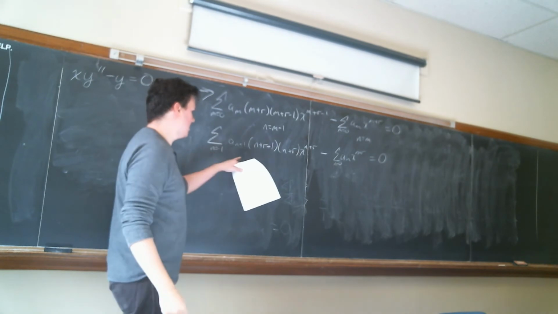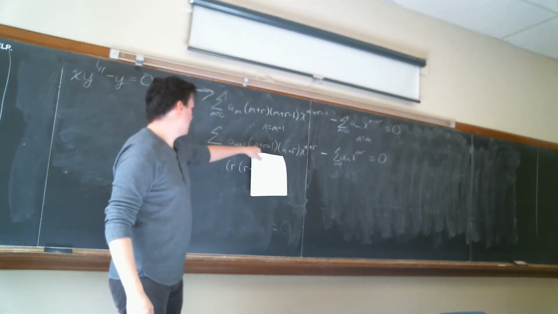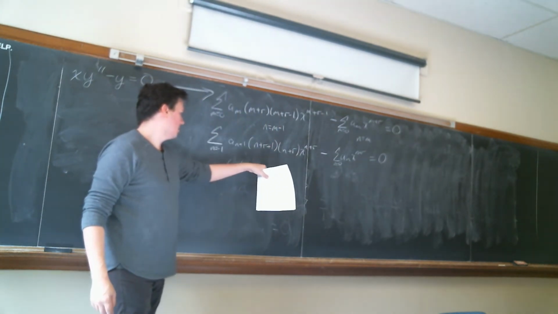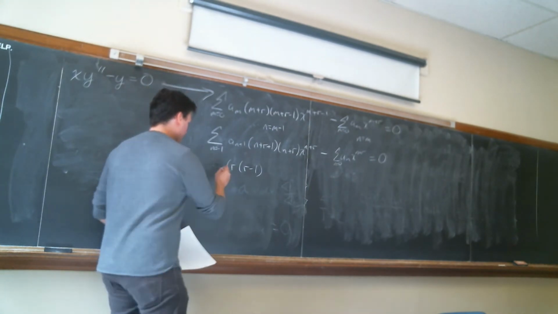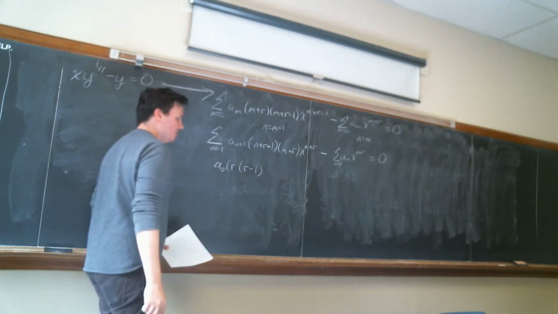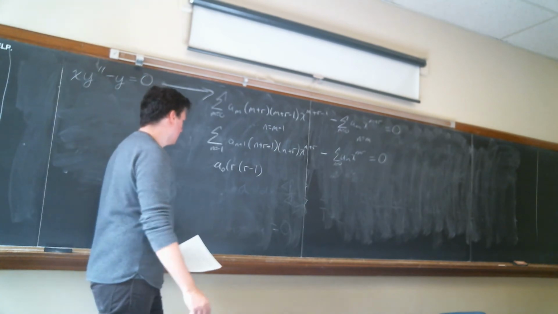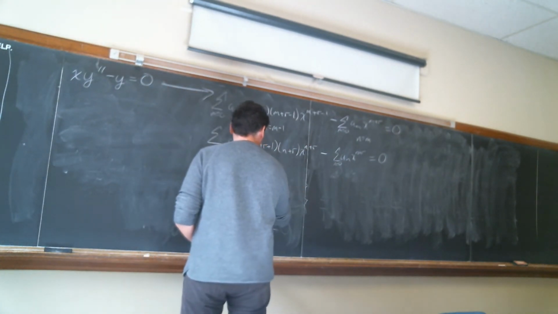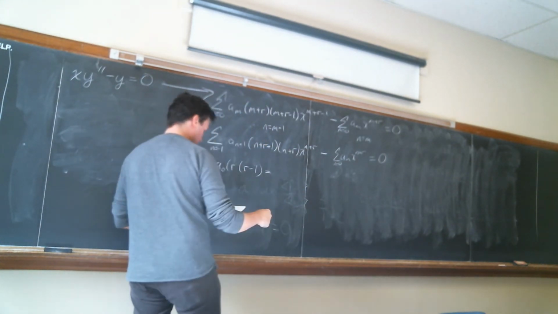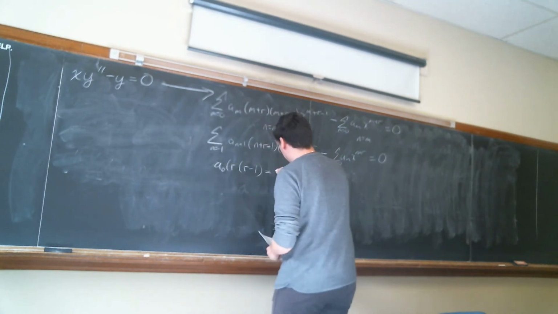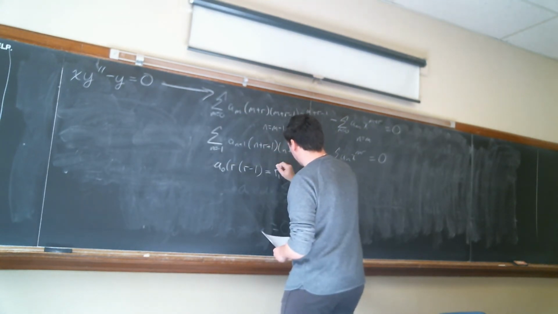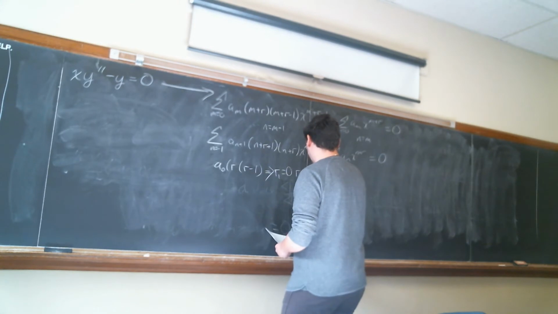We want to get this at the same index as this, so we'll do this at 0. And then it's some x term, but we'll neglect that, and this gives us our roots: r1 is equal to 0, and r2 is equal to 1.